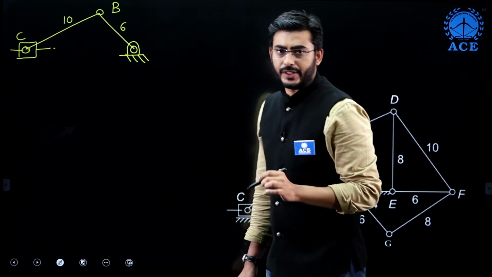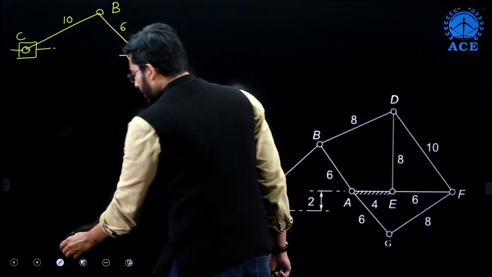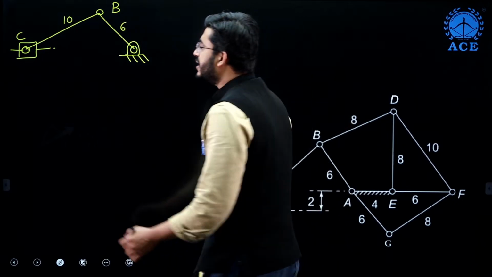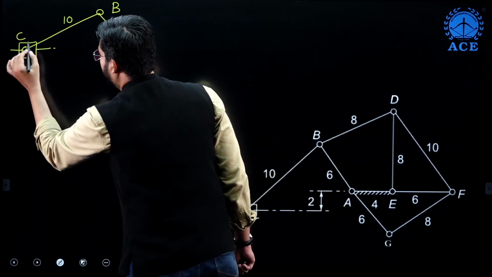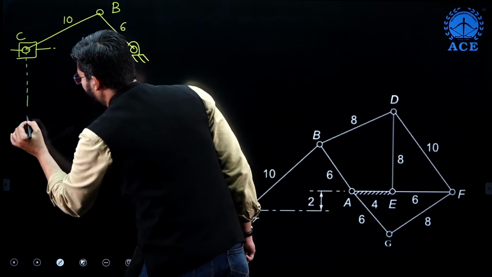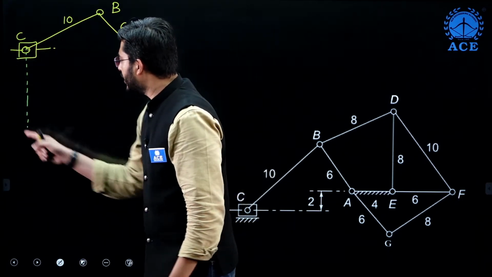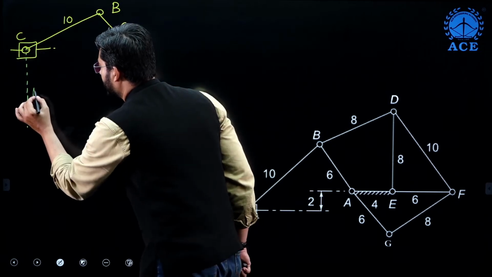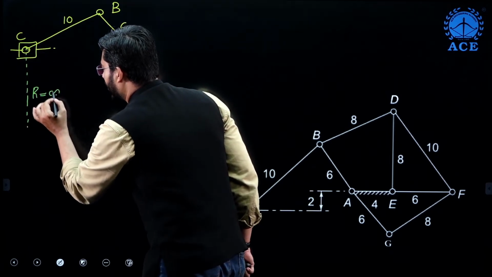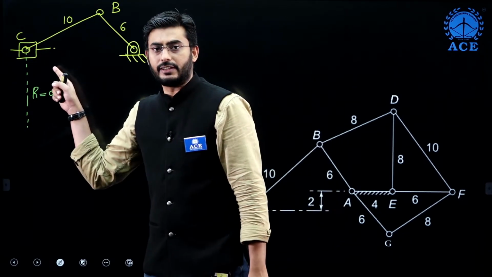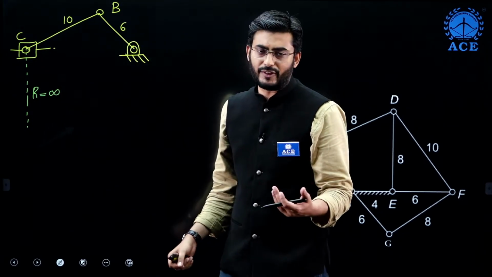Now here the sliding pair can be converted into a revolute pair. So I need to replace this sliding pair with a link of infinite length when I am doing that conversion. Here I should be replacing this with r equal to infinite. The radius of a straight line is infinite.